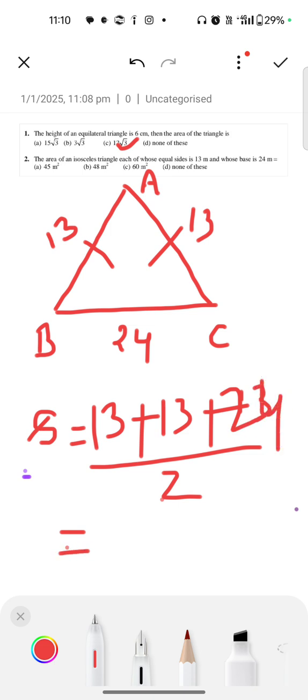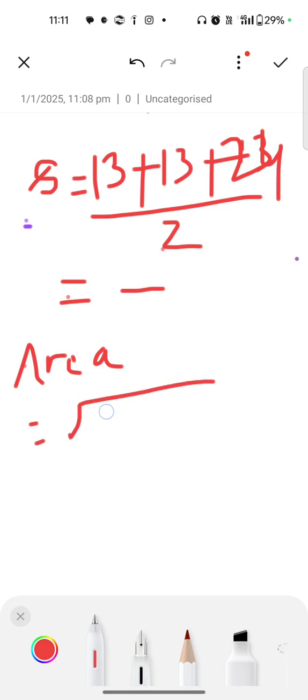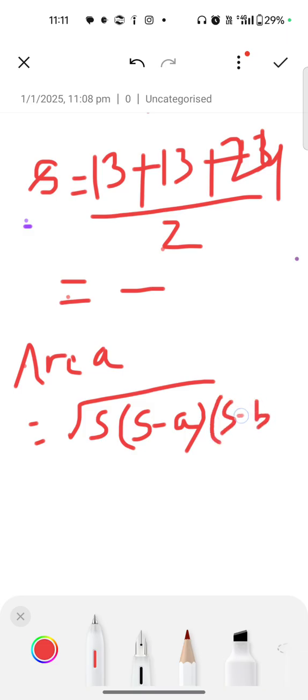When you add this, you will get the value of s, and when you get the value of s, you can apply Heron's formula: under root s into s minus a, s minus b, and s minus c. When you apply the values of a, b, c and s here, you'll get the area of the triangle.